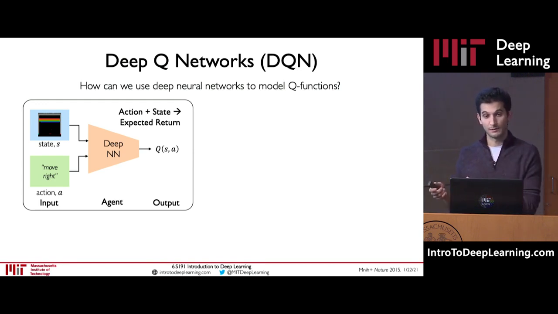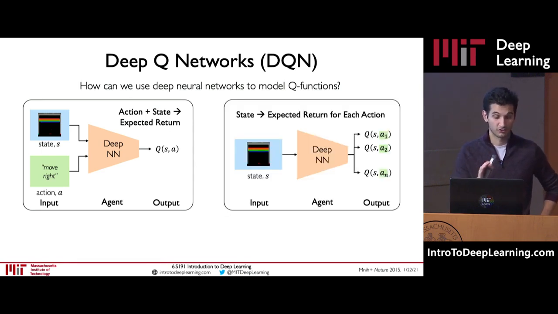And simultaneously, we can feed in our action as well, the action that the agent should take at this given state, for example, move towards the right. Now the output, we can train our neural network to just output this Q value. Okay, that's one option that we could use for training this system with a deep neural network.